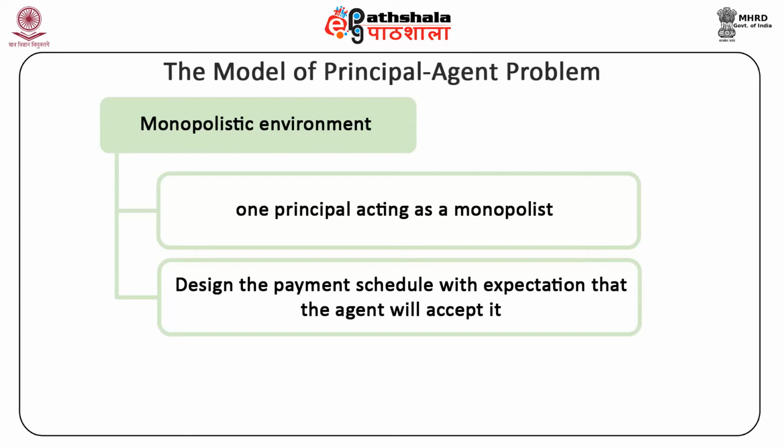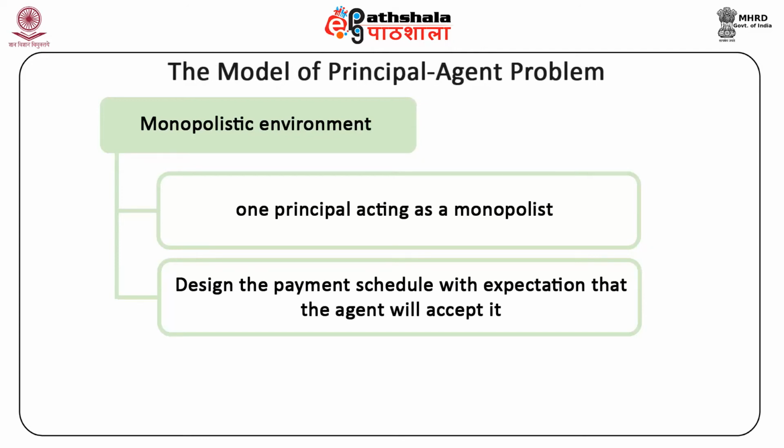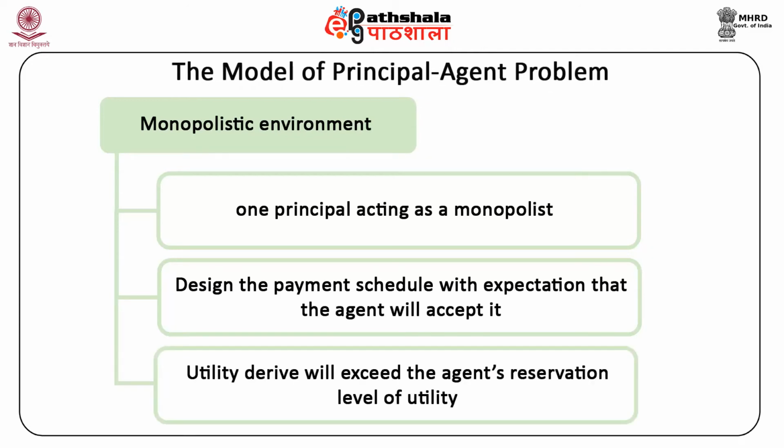The principal designs the payment schedule in such a way that the utility the agent will derive from it exceeds the agent's reservation level of utility. Thus, the agent has no choice other than to accept the payment schedule. The incentive scheme adopted by the principal in order to design the payment schedule is optimal from his viewpoint.